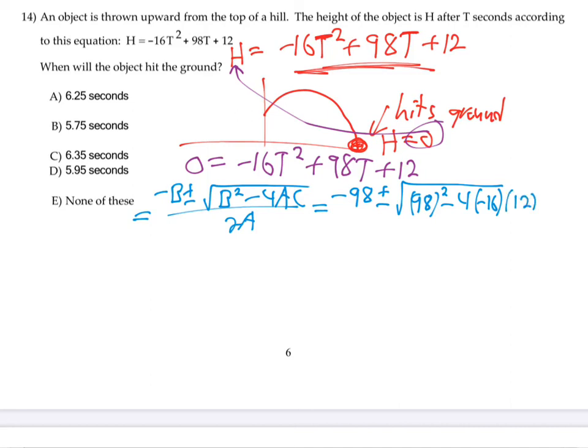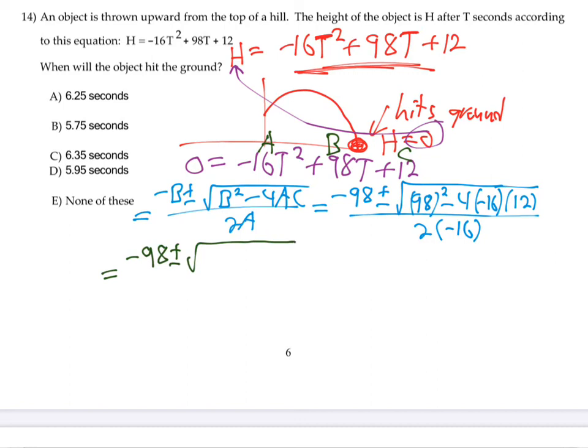What's c? 12. All over 2a. Remember, this is a, b, c. So I plug into the quadratic formula. So that's minus 98 plus or minus the square root.